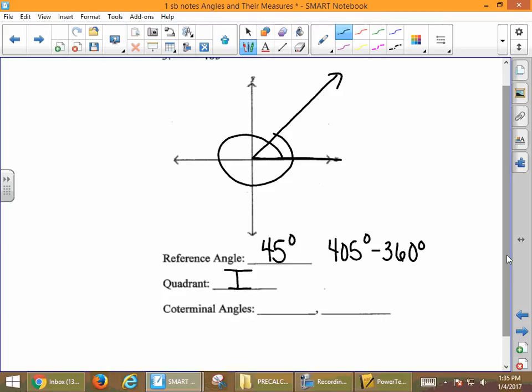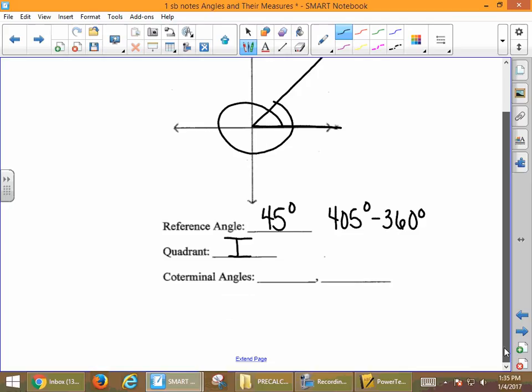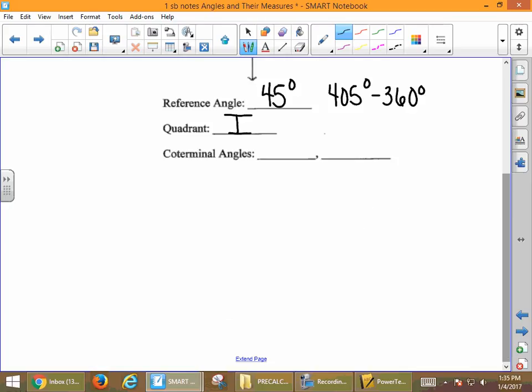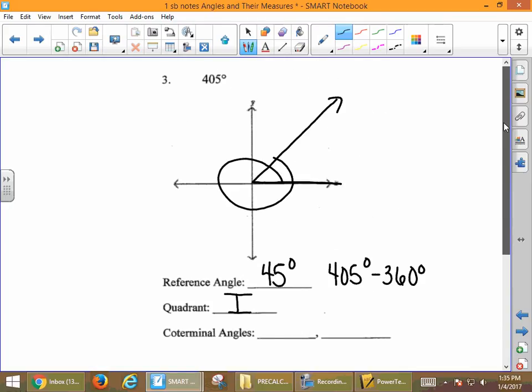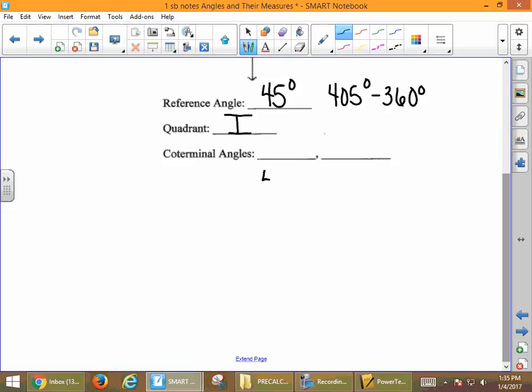And then what we want to do is find one positive and one negative angle that's coterminal. And once again, we take our original angle and subtract 360 degrees. And when we do, we get 45 degrees. But it says find one positive and one negative angle.